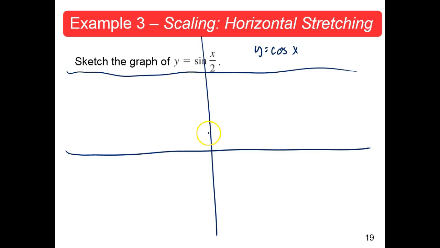So let's do 1, 2, 3, negative 1, negative 2, negative 3. All of our x's are going to be the same, so we're not going to worry about those.